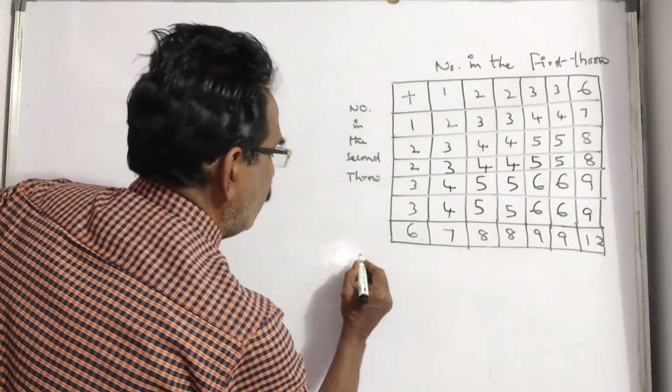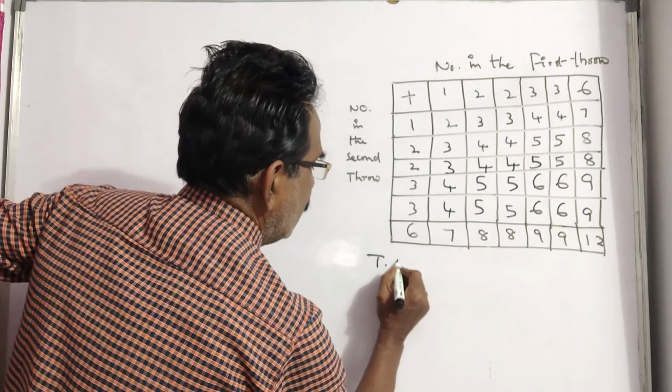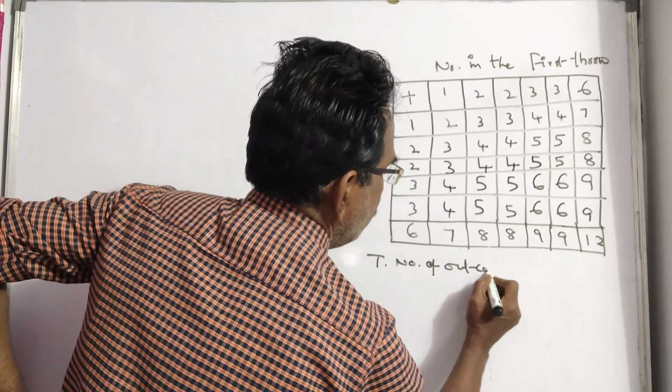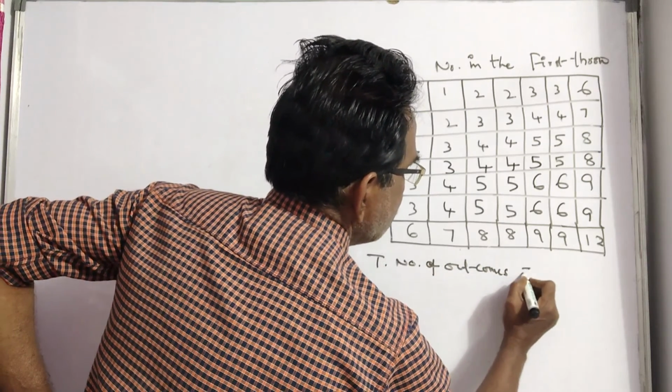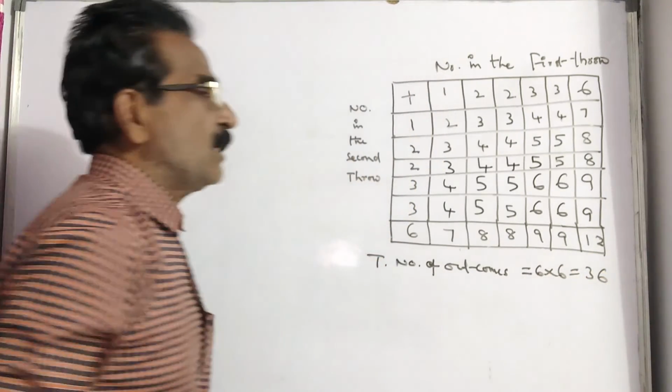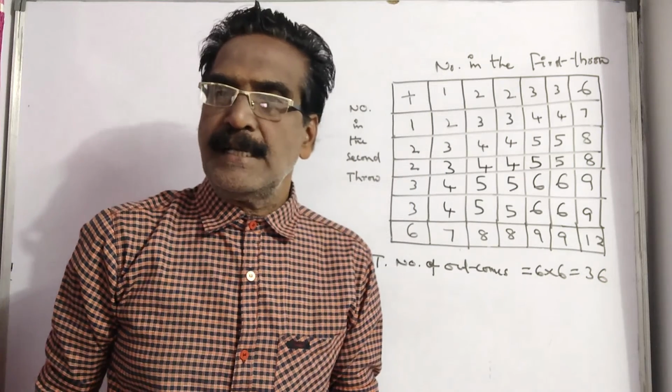So the total number of outcomes is 6 into 6, that is equal to 36.